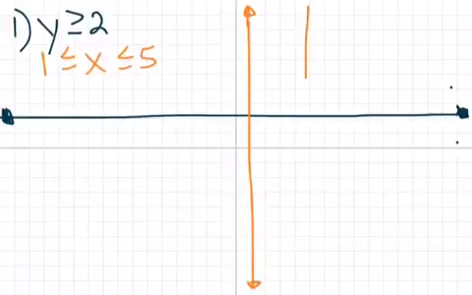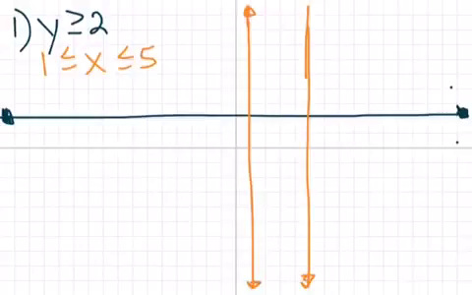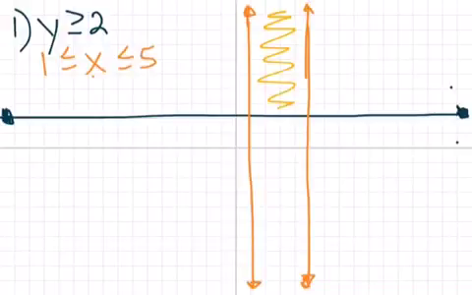There's x equal to 5. You'll notice that the x is in the middle. Therefore, we're shading in the middle. But this says above 2, so right now we're looking at this area.